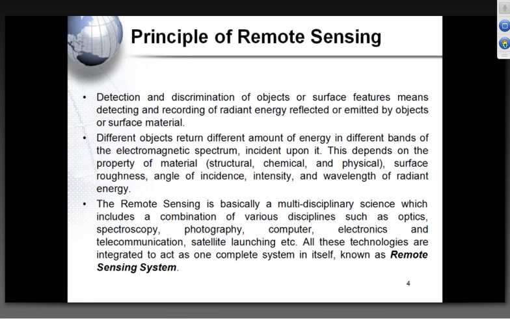It not only depends on these characteristics, but also on the surface roughness of the object, the angle of incidence, means the angle at which the ray is incident on it, the intensity, and obviously the wavelength of radiant energy.